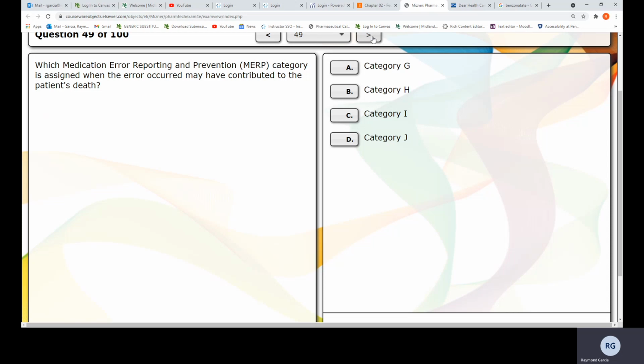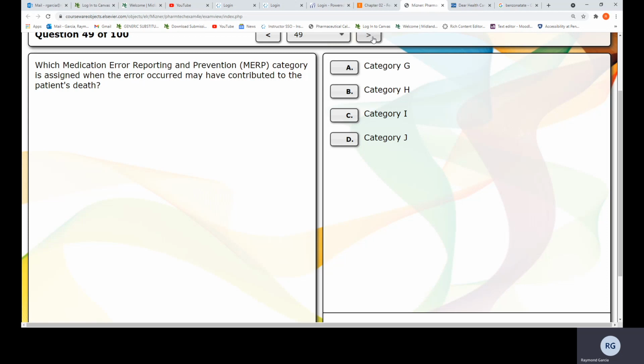C is error that reached the patient but unlikely to cause harm. Letter D, error that reached the patient and could have necessitated monitoring and or intervention to preclude harm. E is error that could have caused temporary harm. F is error that could have caused temporary harm requiring initial or prolonged hospitalization.